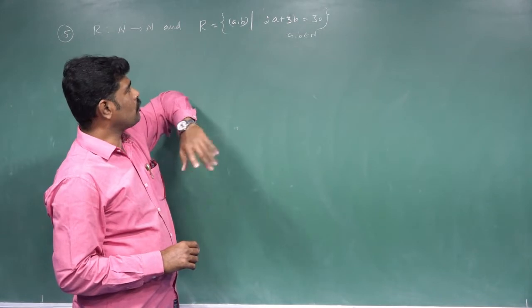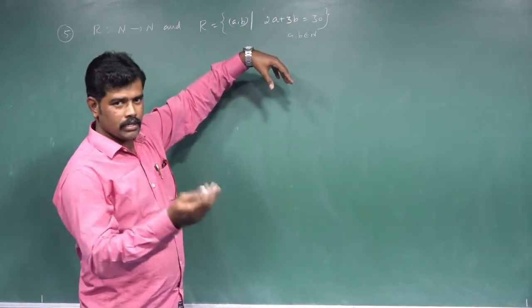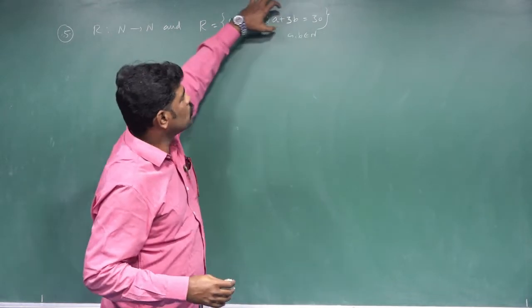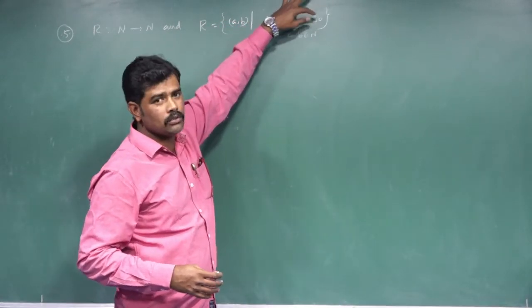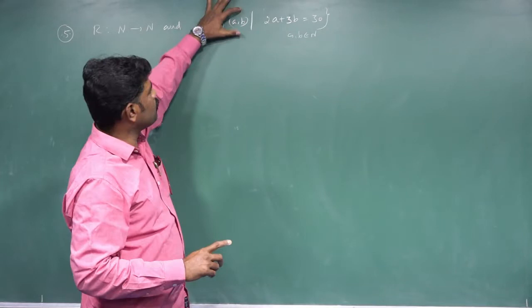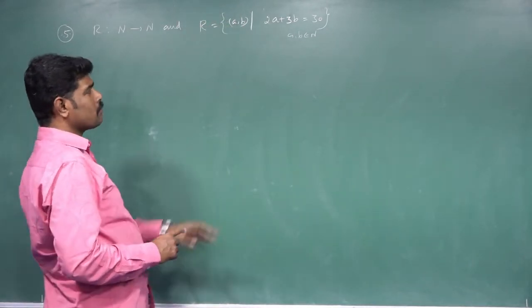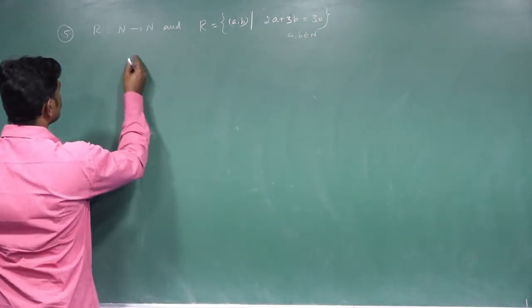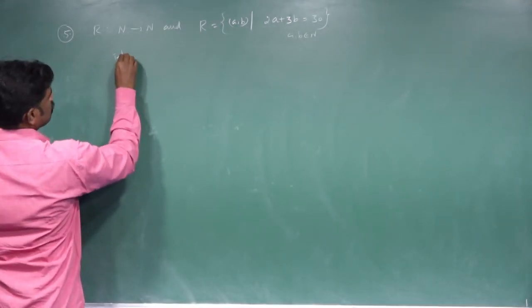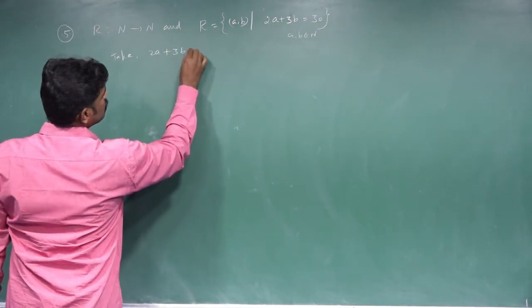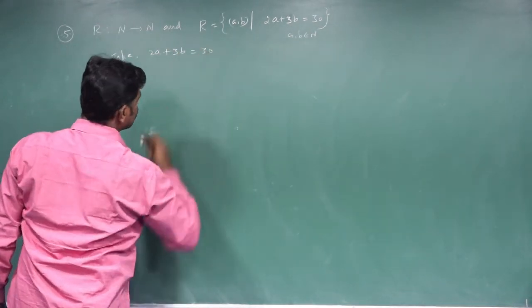So from the natural numbers, what are the two numbers which satisfy this condition 2a + 3b = 30? Only those pairs belong to the relation R. Now we should verify what pairs are there. Now listen. Take 2a + 3b = 30.